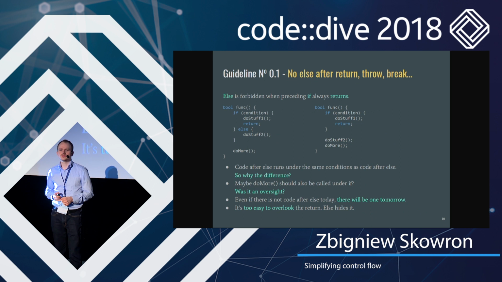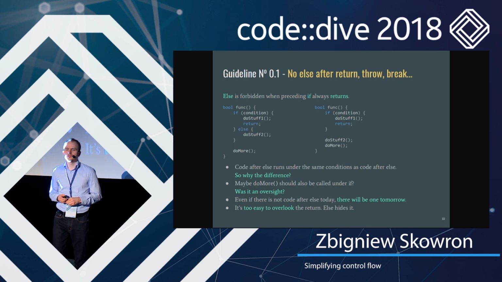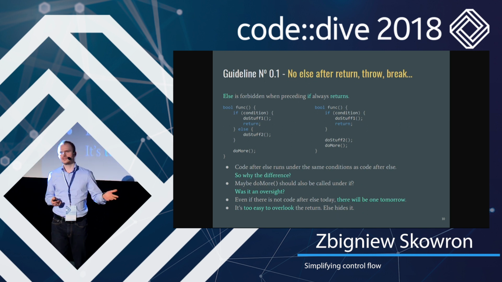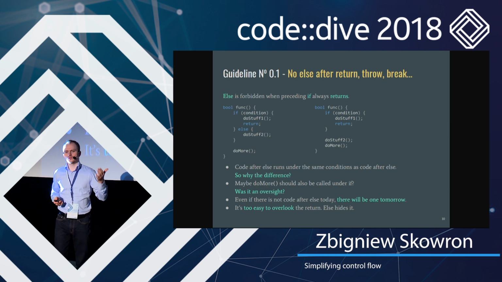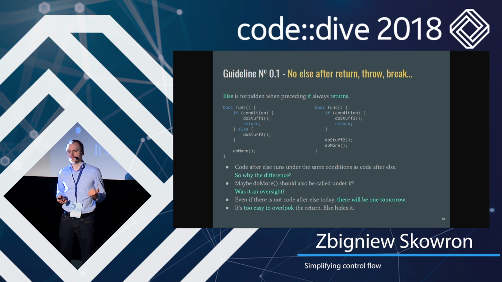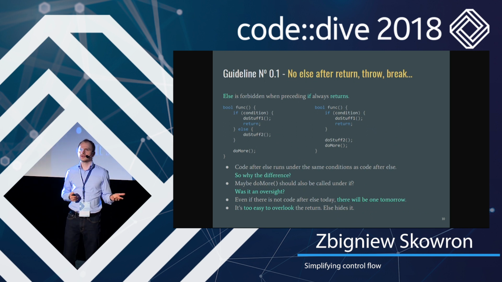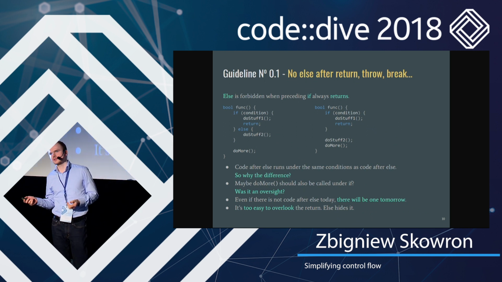So a small guideline: do not put an else after a return, a throw, a break, or a continue, because it is always confusing for the readers. On the right side, we have code that has a return in an if and then an else, and then some code after that. So the question is, if the left-hand code is equivalent to the right-hand code, then what's the difference?